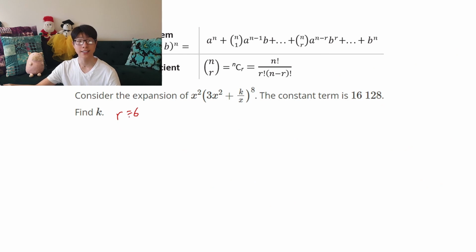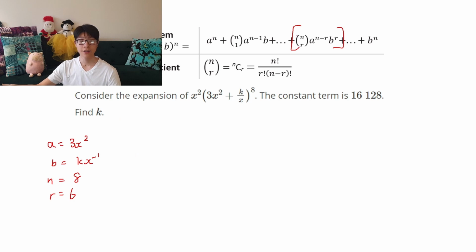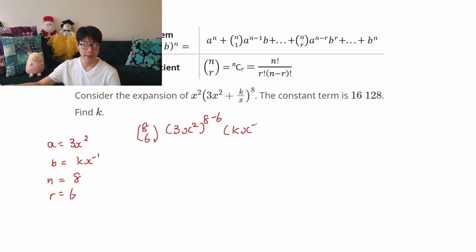So now that we know r is 6, let's identify the term for when r is 6 in our binomial expansion. So now let's use our general equation right here to find what our binomial expansion will lead to when we substitute r equals 6. So the first thing here is n choose r, so nCr. n is 8, r is 6, multiplied by a, which is 3x squared, to the power of n minus r, which is 8 minus 6, multiplied by b, which is going to be kx to the power of negative 1, and we're going to raise that to the power of r, which is to the power of 6.